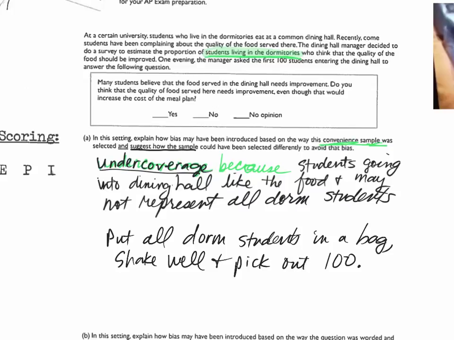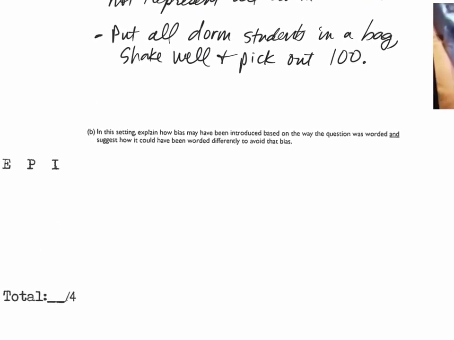Did anybody say stratify by the dorms and then pick some from each dorm? That would be fine. Stratify by dorms, make a bag out of each dorm, and pick 10 from each dorm. That is how you would get 2 points: 1 point from explaining the bias and 1 point from correctly explaining how to fix the problem.